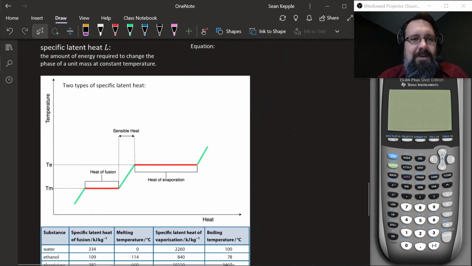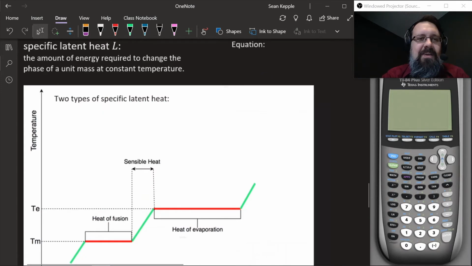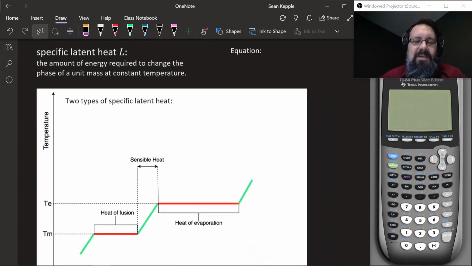Okay, so this brings us to specific latent heat as a concept. Specific latent heat is capital L, and it's defined as the amount of energy required to change the phase of a unit mass, so 1 kilogram or 1 gram. In physics, we always use a kilogram for the unit mass. In chemistry, they use the gram. So the specific latent heat is the amount of energy required to change the phase of a unit mass at constant temperature.